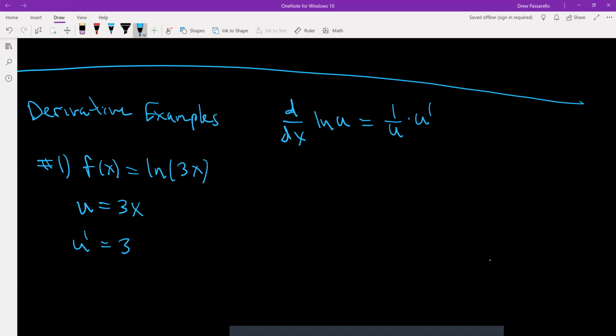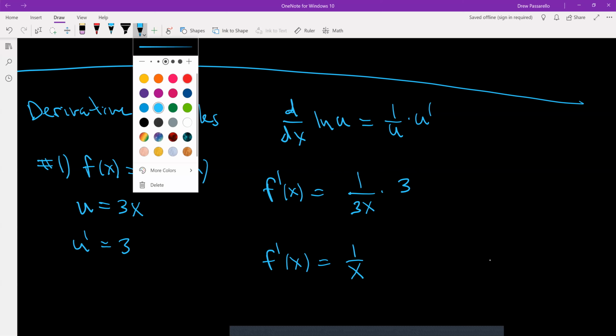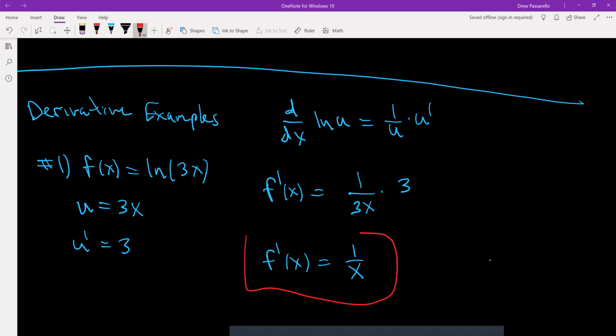So f prime of x, that's 1 over u, well, u is 3x, so it's 1 over 3x times u prime, and u prime is 3. And then the 3's divide out, so you just get f prime of x equal to 1 over x. And that's it for this one. All right, so I said the 3's divide each other out.